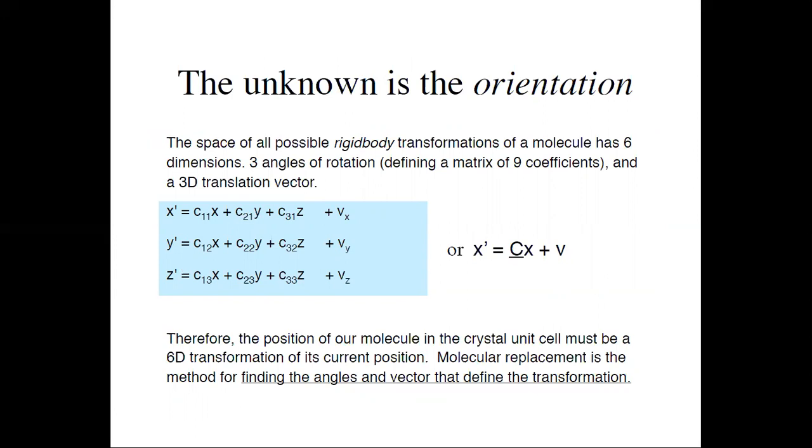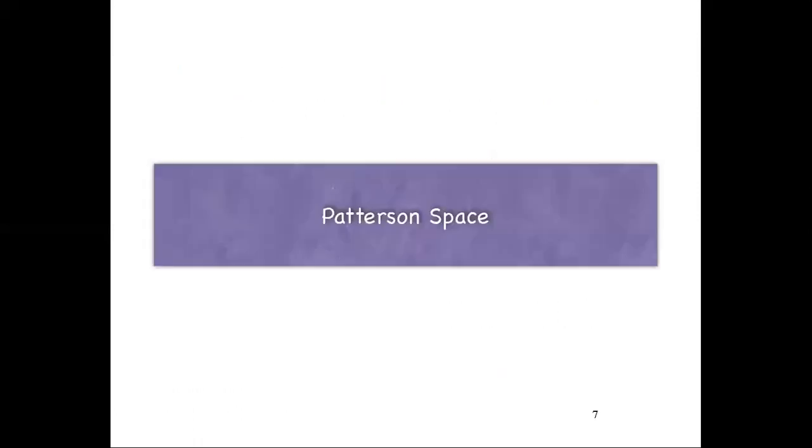Therefore, the position of our molecule in the crystal unit cell must be a 6D transformation of its current position. Molecular replacement is a method for finding the angles and the vector that define the transformation. Now we shall move to another topic, called Patterson space.